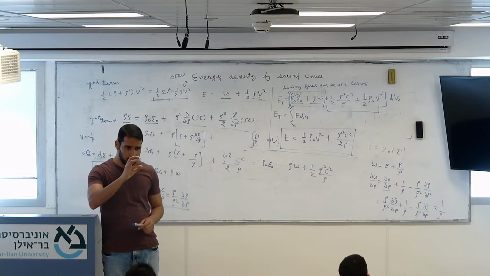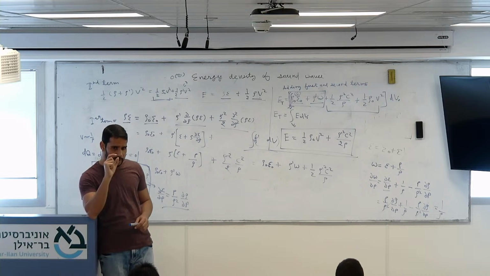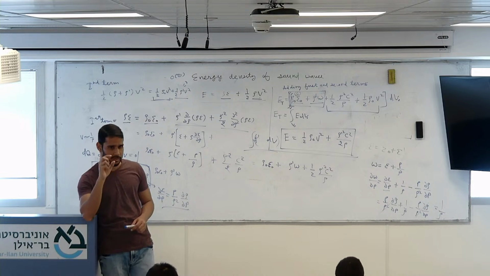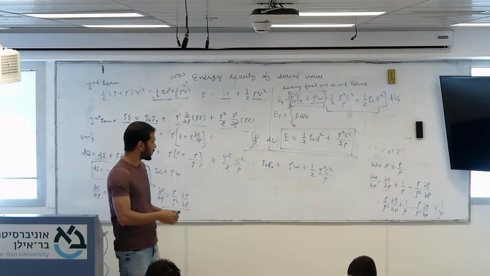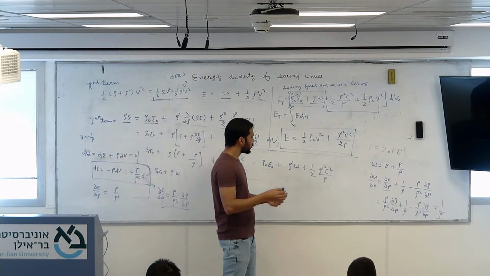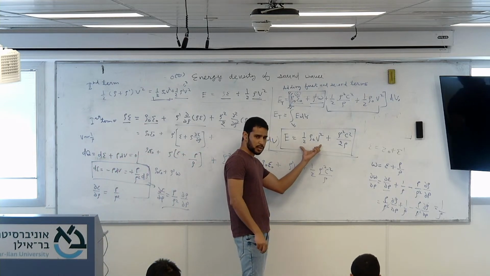So if I take a small volume, let's say an infinitesimally small volume, and I want to see unit volume, let's say 1 cm square or something, how much energy is inside? Inside you have two things. One, something is oscillating, so that something is moving. So that's energy because of the motion.